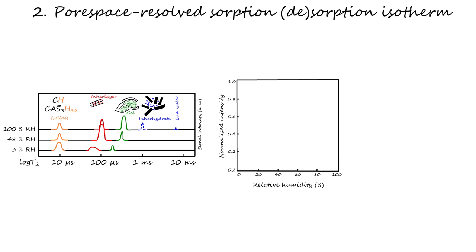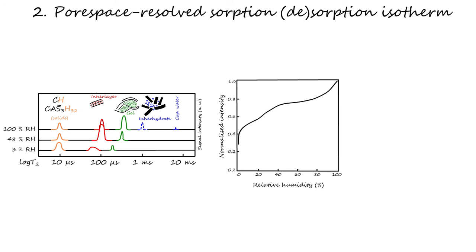In the first plot, we plot the signal intensity against the relative humidity the sample was equilibrated with. The intensity is now normalized to a sample which is fully saturated with water. The black line is the total water content as measured by NMR. You have seen this line already on the previous slide. It is the NMR measured desorption isotherm.